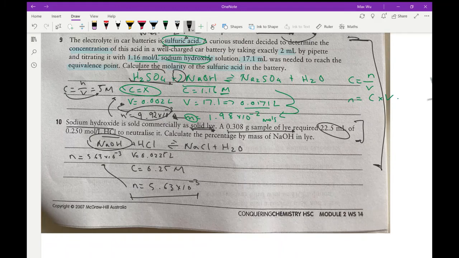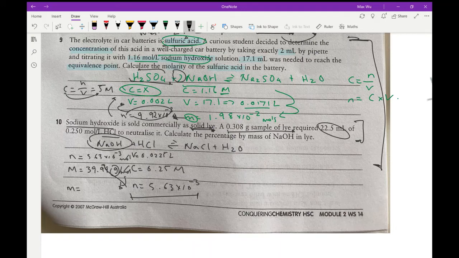If we want to compare the masses, we also have the molar mass of sodium hydroxide, right? 39.997. I'm just going to do it accurately. 39.99, so mass is, by the way, this is grams per mole. This is mole, therefore when you multiply them together, this cancels out and you get grams, right?